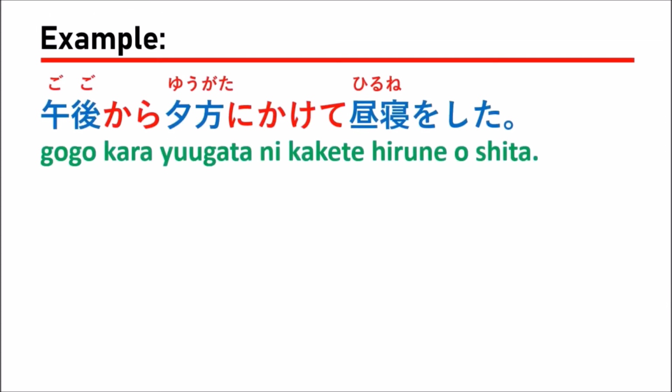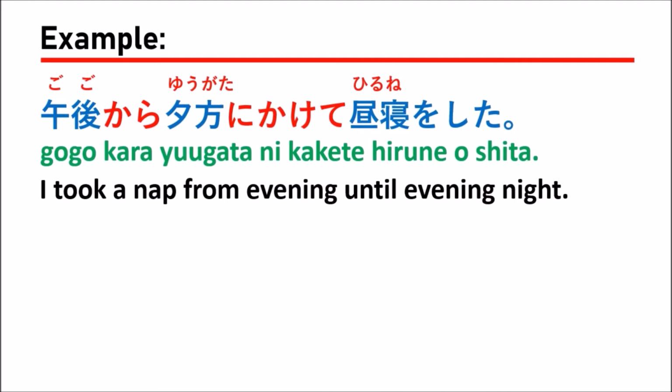The first example, gogo kara yukata ni kakete hiru ne o shita. Gogo kara yukata ni kakete hiru ne o shita, which means I took a nap from evening until evening night.